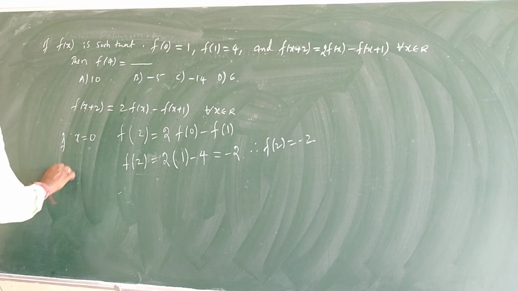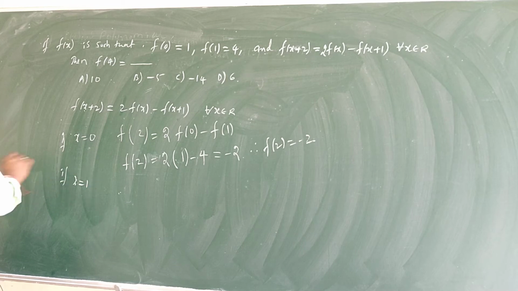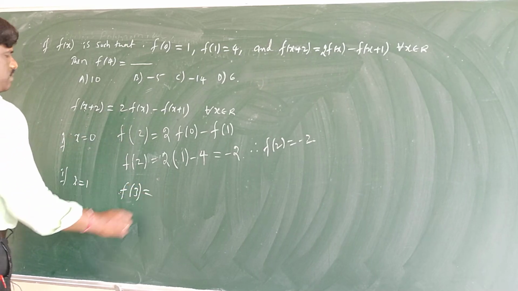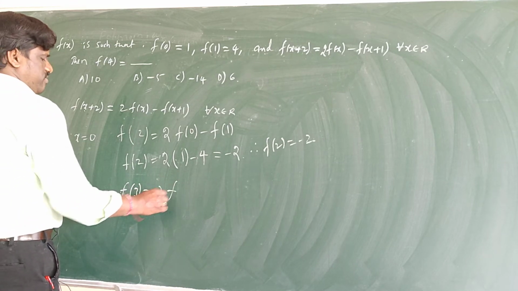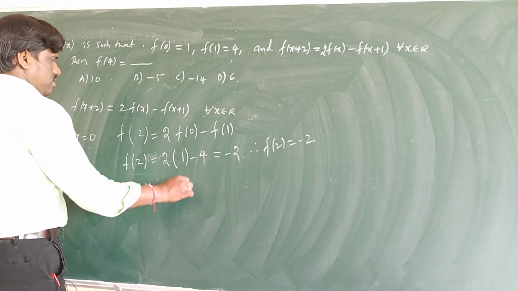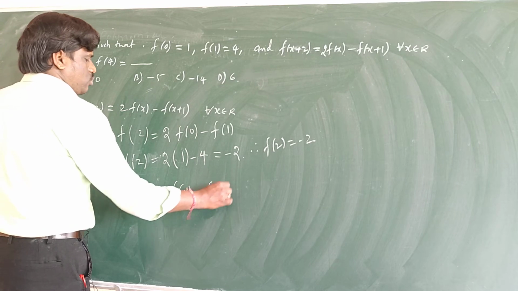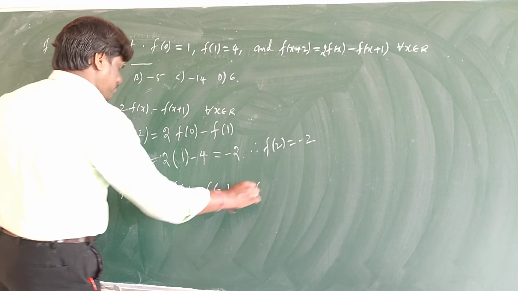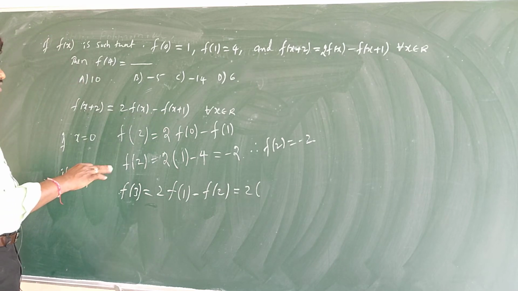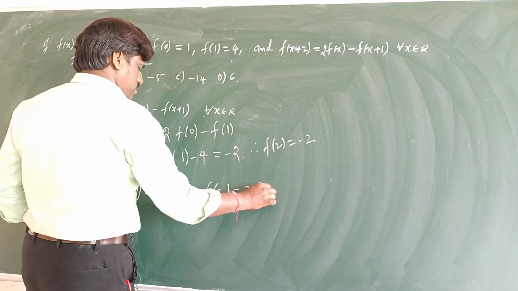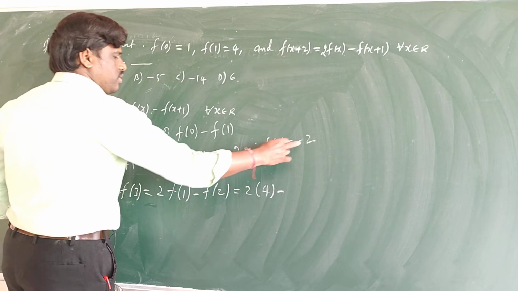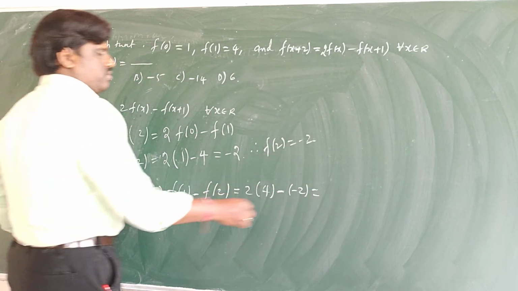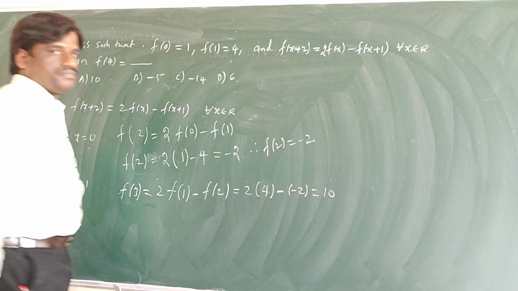And if I substitute x = 1, what do I get? f(3) = 2f(1) - f(2). Can I write this as 2 times, what is f(1)? f(1) is 4, minus, what is f(2)? Minus 2. So what do I get here? 8 + 2 = 10.